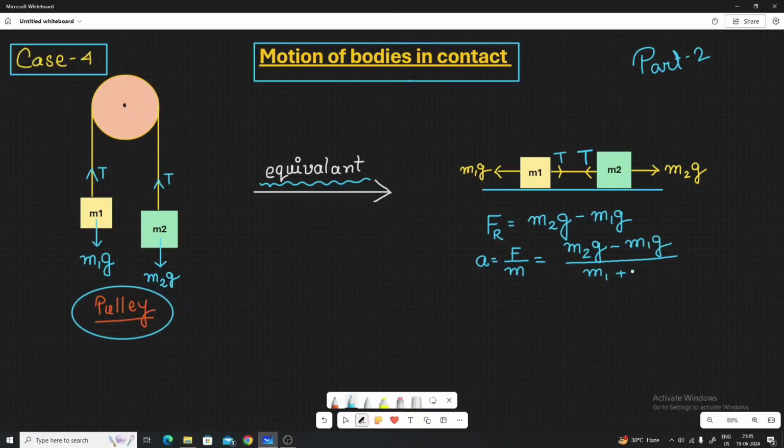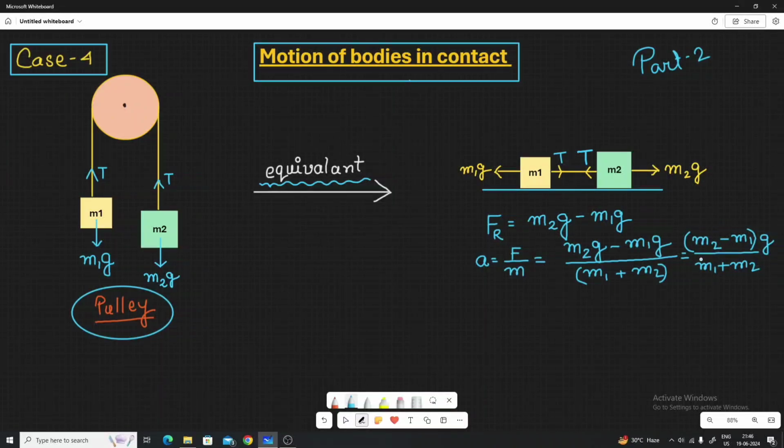M1 plus M2. Now this is the common acceleration, and you can also write it like this: M2 minus M1 divided by M1 plus M2, into G. So this is the acceleration.